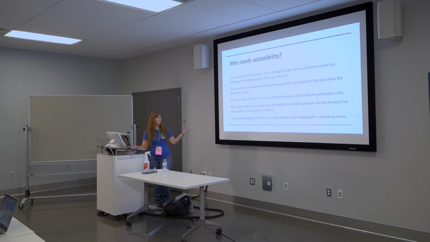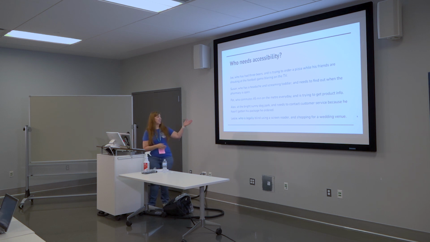And of course, people like Leslie, legally blind and a screen reader user. So they are using assistive technology on a desktop computer or on a phone, because there are screen readers for phones. And they're trying to find a wedding venue. They want to get married. It's not a crime, right? But they're trying to get information about the venue.